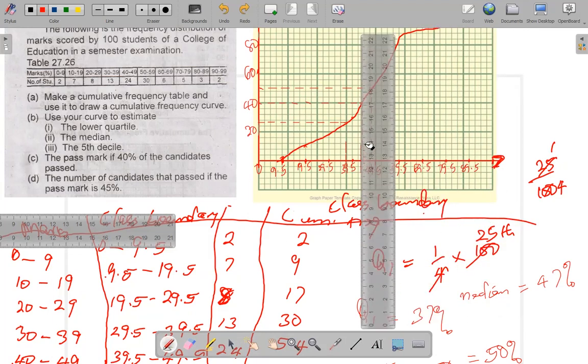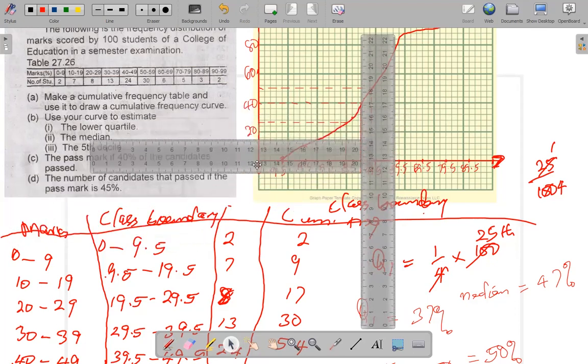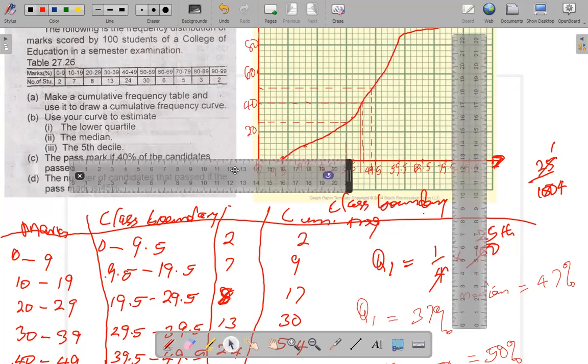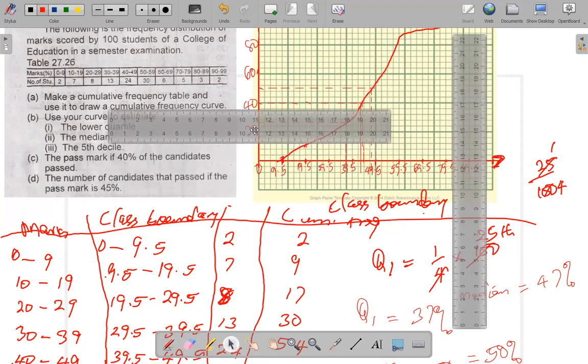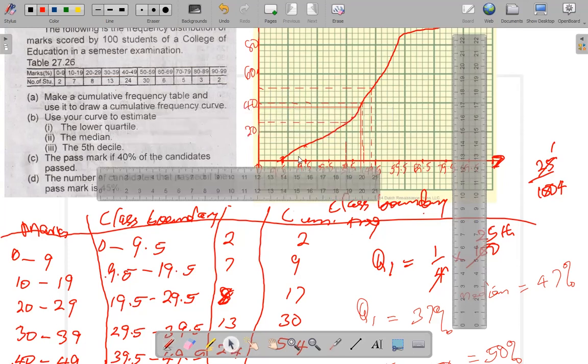Let me use the replacement. Doesn't matter. Put this dotted line in green. Because this is a digital graph, it's so hard to draw a dotted line. That place where I meet the curve, I'll trace it back to the cumulative frequency. That is about 48 or so.